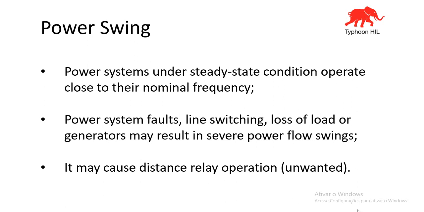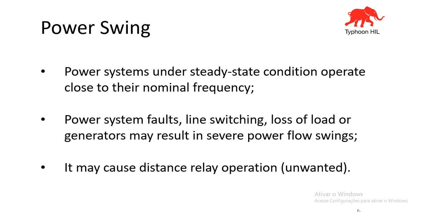Basically, power systems under steady state condition operate close to their nominal frequency. A balance between generated and consumed active and reactive power exists during steady state operation, but power system faults, line switching, loss of load or generators may result in severe power flow swings, and this kind of power flow swing may cause distance relay operation.